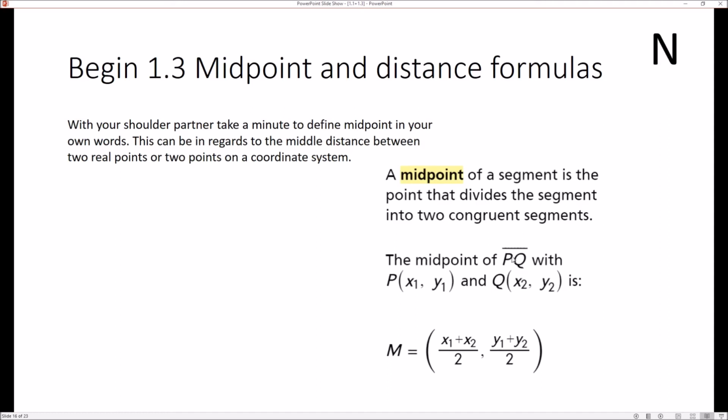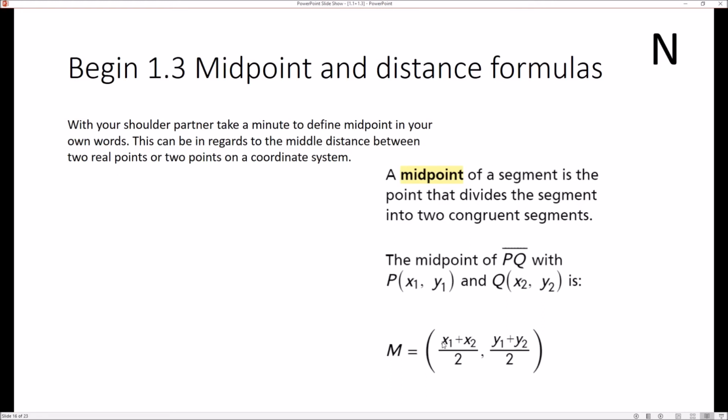All right, so if we have the segment PQ with point P being at coordinate (x1, y1), meaning the first x coordinate and the first y coordinate, and Q is your second x coordinate with your second y coordinate, we can find the midpoint by averaging the two x coordinates.